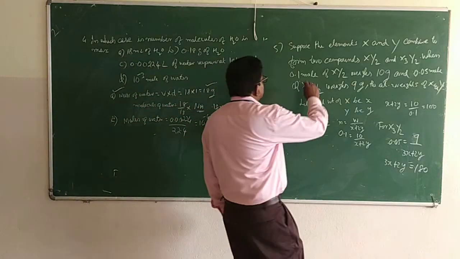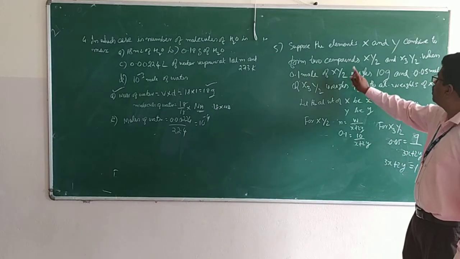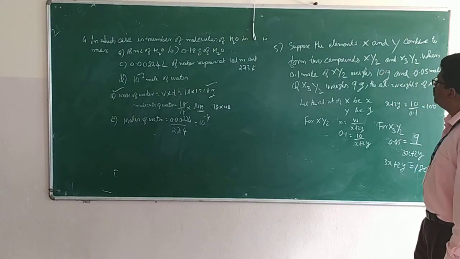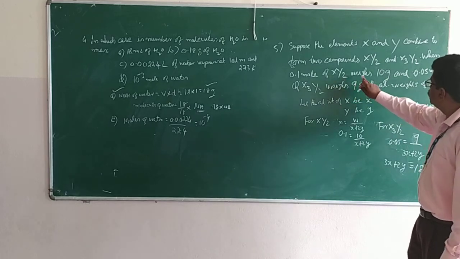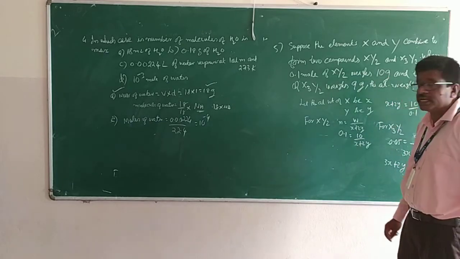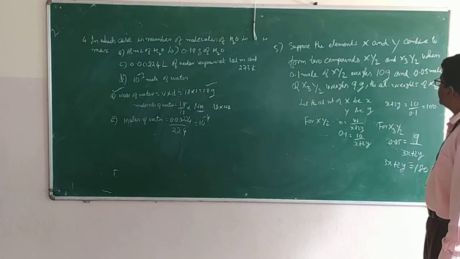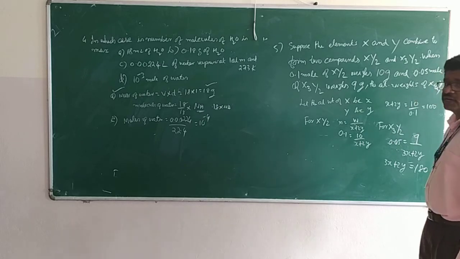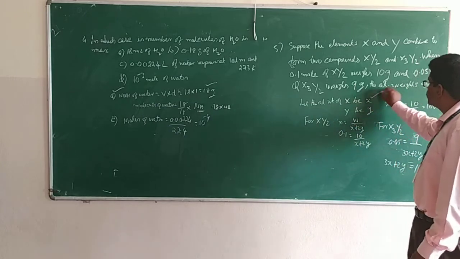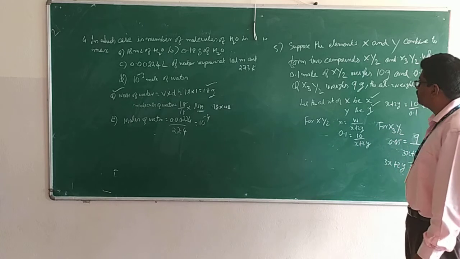Next question. Suppose the elements X and Y combine to form compounds XY2 and X3Y2. When 0.1 mole of XY2 weighs 10 gram, and 0.05 mole of X3Y2 weighs 9 gram, we have to calculate the atomic weights of X and Y. Let the atomic weight of capital X be small x and atomic weight of capital Y be small y.